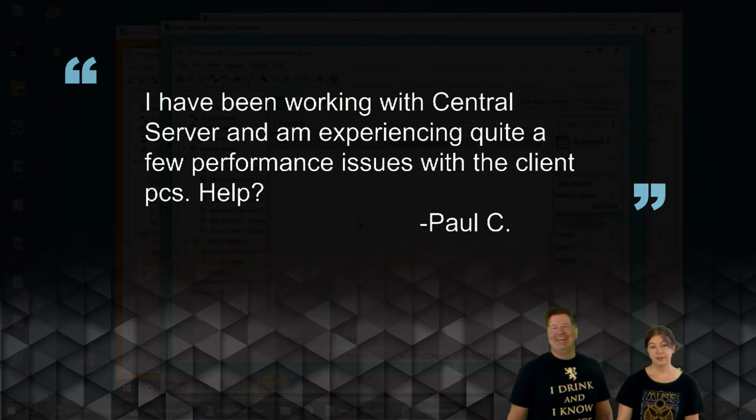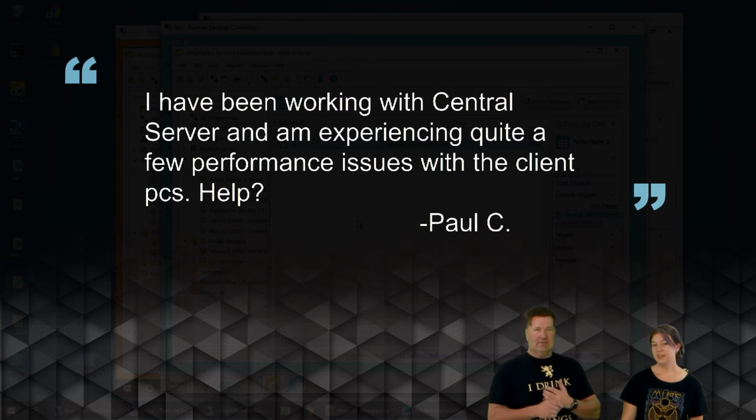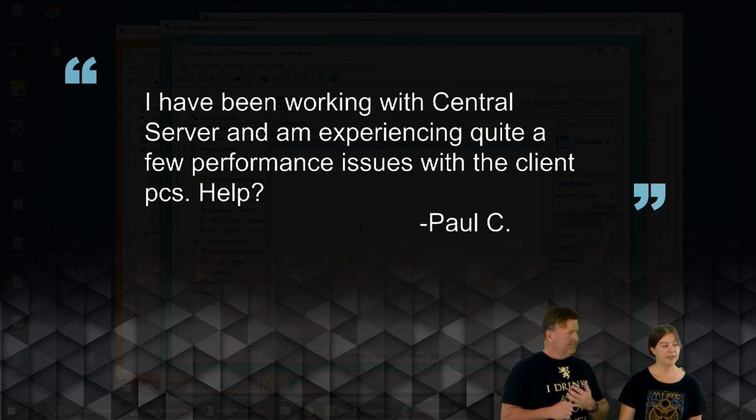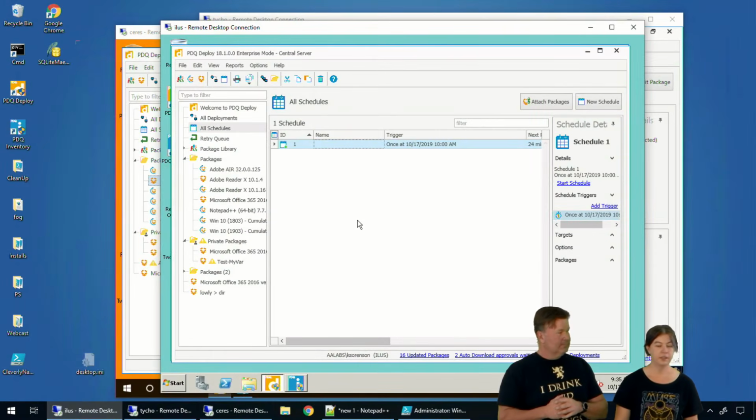Okay, last one. I have been working with Central Server and am experiencing quite a few performance issues with the client PCs. Help? Paul C. Client PCs, so everybody who's attaching to the central server. Well, one thing I would suggest, if you're on an older version like 15 or 16, is to update to 18. Right now 18's a heck of a lot better than that. Yeah.